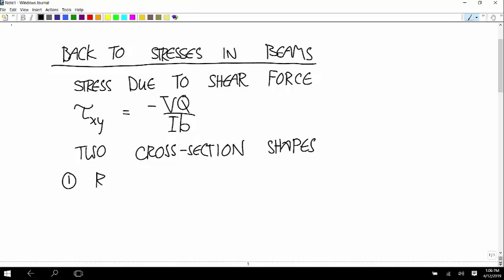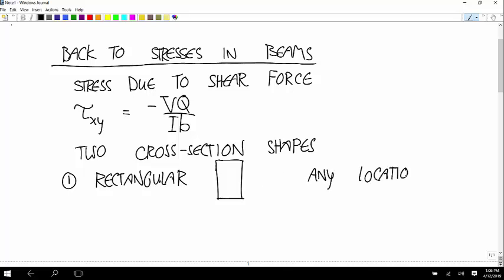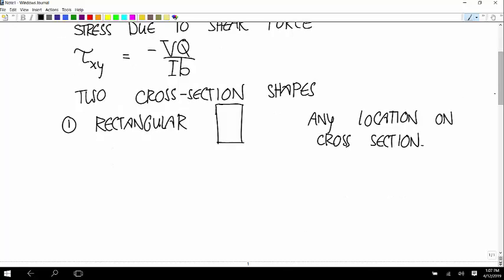The first one is rectangular, and you get better results if it's taller than it is wide. And we can do that for any location on the cross-section. And then the second one is circular. But this one, we can only calculate the stress due to shear force at the neutral axis.